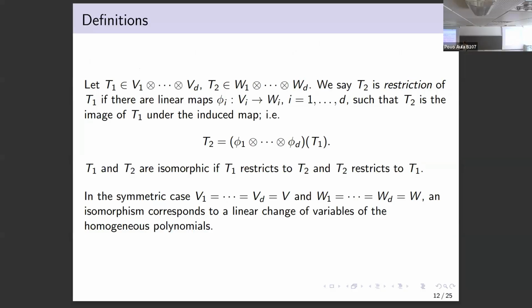So we're going to say that if I have 2 tensors in different tensor spaces, T2 restricts to T1 if I can find linear maps between the corresponding vector spaces, so that the induced map sends one to the other. Again, in the symmetric case, this picture is simplified. It's just a linear change of coordinates between the tensors.